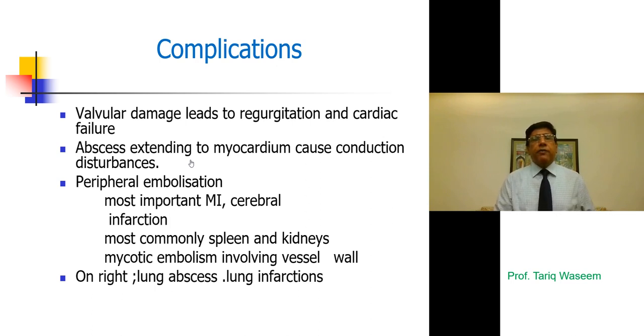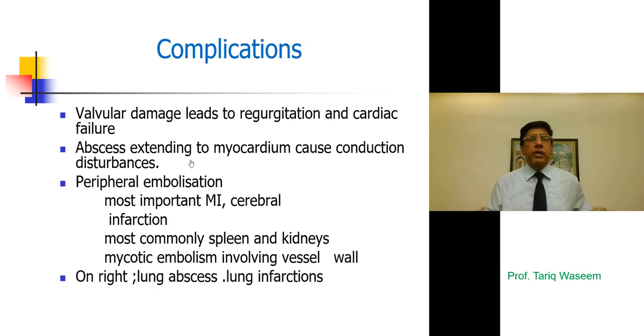There may be peripheral embolization, as we said. It may go to the brain, causing cerebral infarction, or to the spleen or kidneys. Sometimes mycotic embolism involving the vessel wall may lead to hemorrhage from those vessels, or patients may present with intracerebral bleed or hemorrhage.